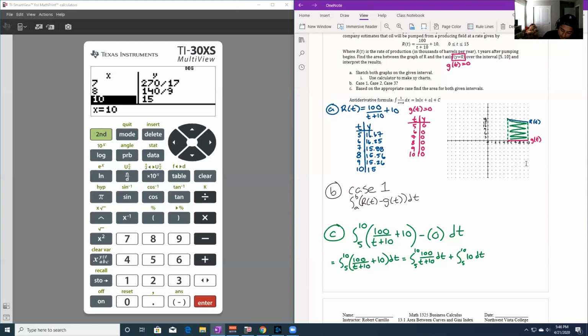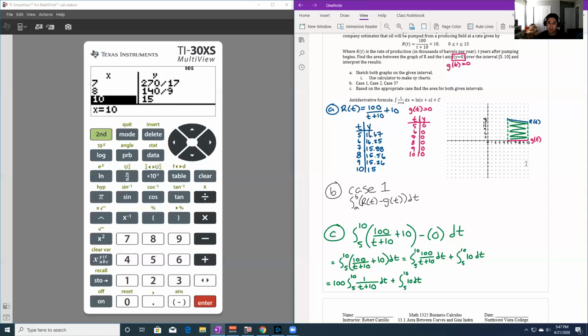So this means I will have 100 times the integral from 5 to 10 of 1 over t plus 10 dt, plus the integral from 5 to 10 of 10 dt.